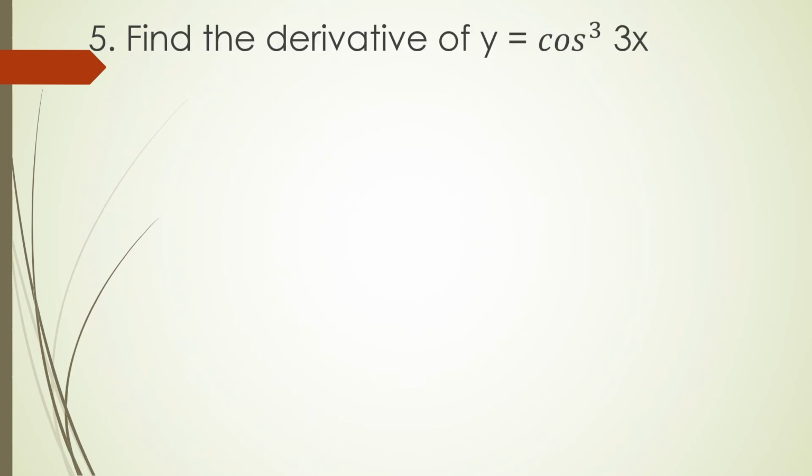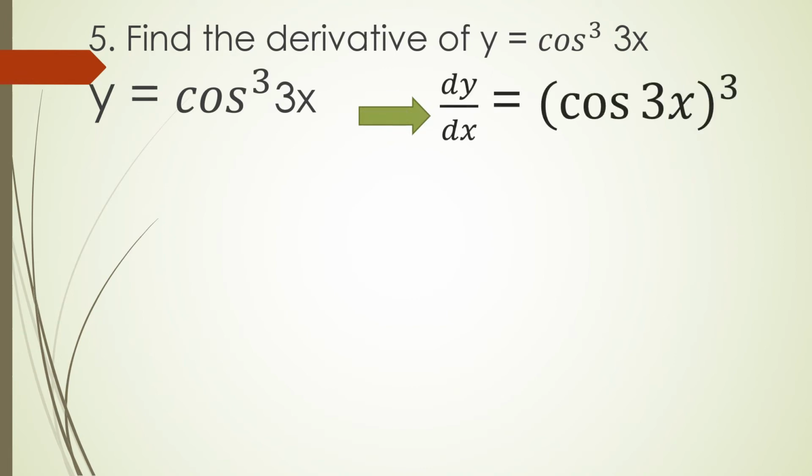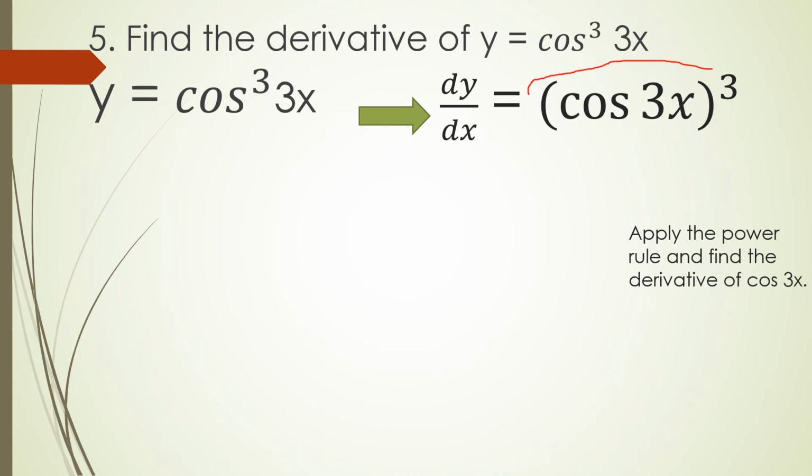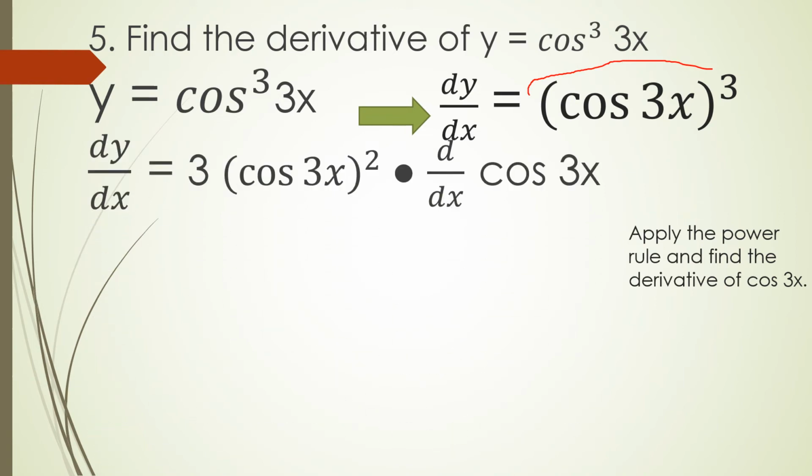Alright, another example. Find the derivative of y is equal to cosine cube 3x. Cosine cube 3x becomes cosine 3x cubed. Applying the power rule, so 3 times 1, we have 3. Bakit naging 2? Kasi mag-minus 1 tayo dyan. 3 minus 1, you have 2.